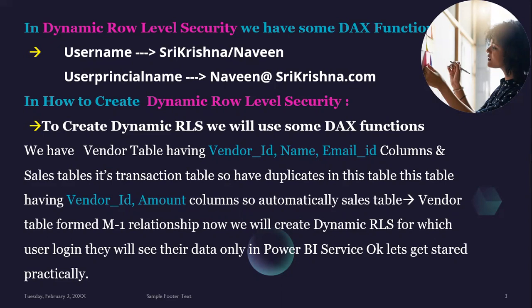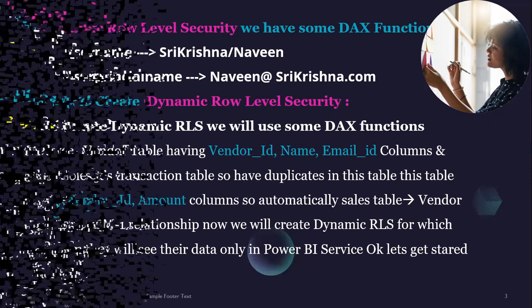When you load it into Power BI Desktop, it automatically creates a many to one relationship between the sales table and the vendor table. Now we are going to create dynamic row level security so that whichever user logs in sees only their own data in the Power BI service.